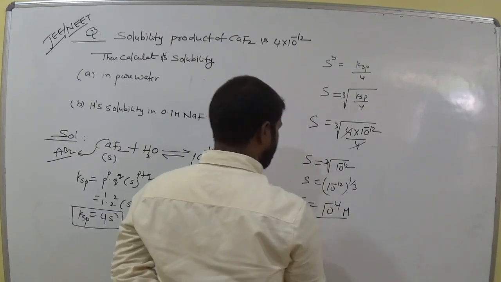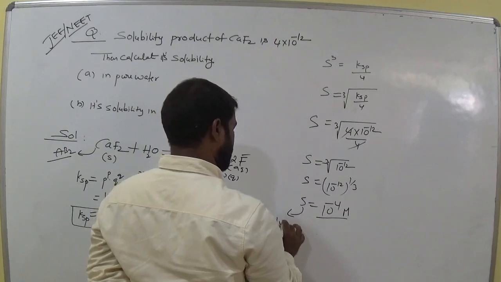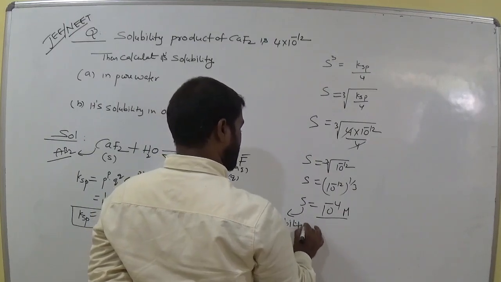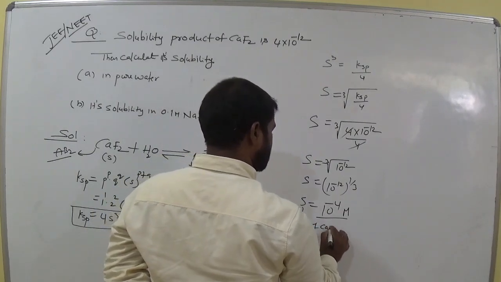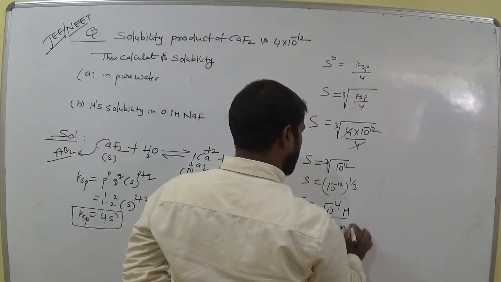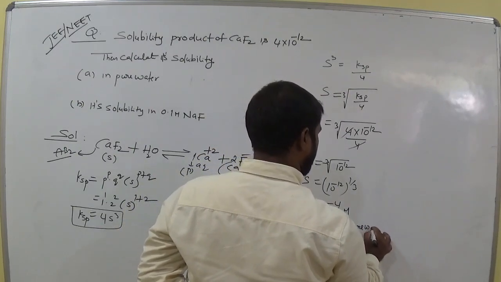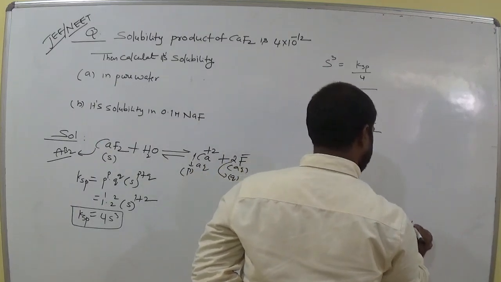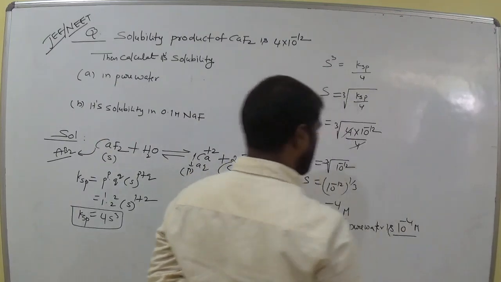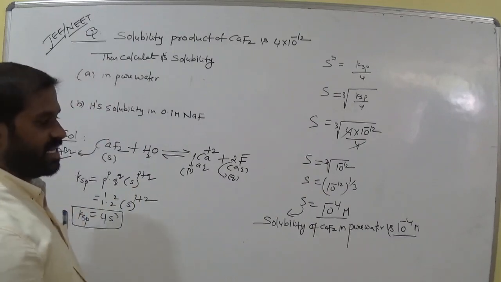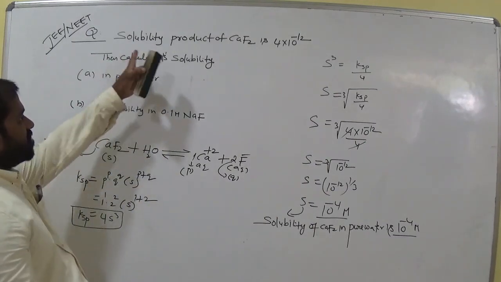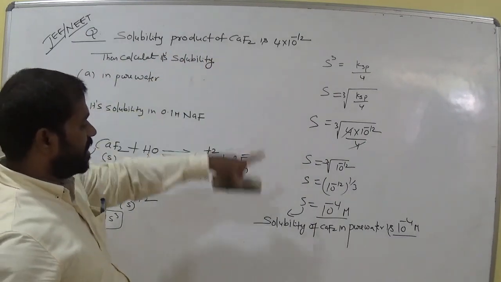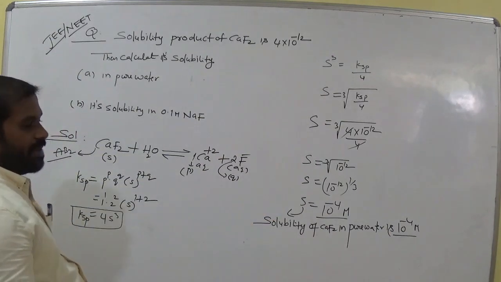So S, the solubility of CaF2 in pure water, is 10 power minus 4 molar. Clear? The solubility of CaF2 in pure water is 10 power minus 4.